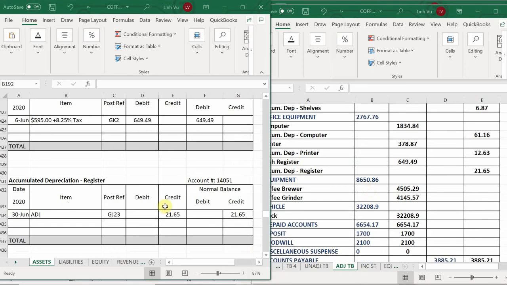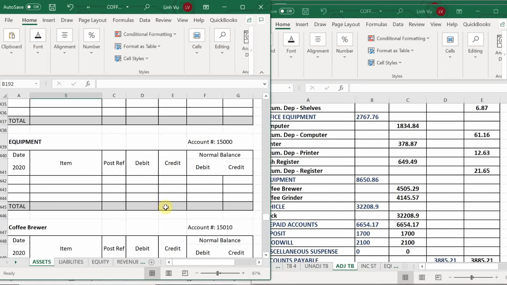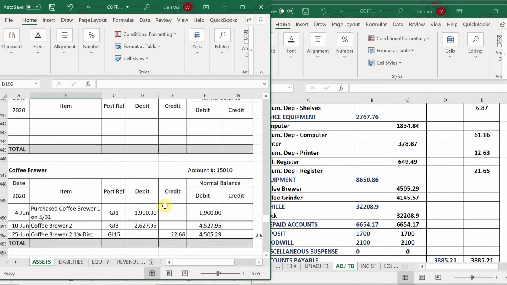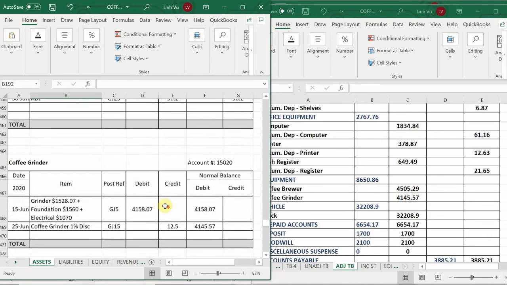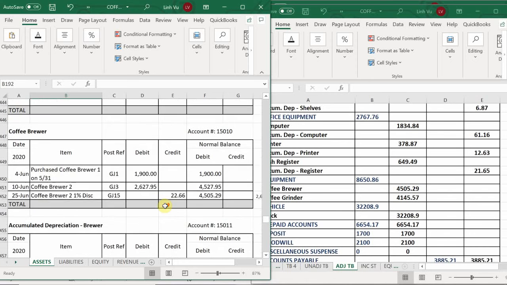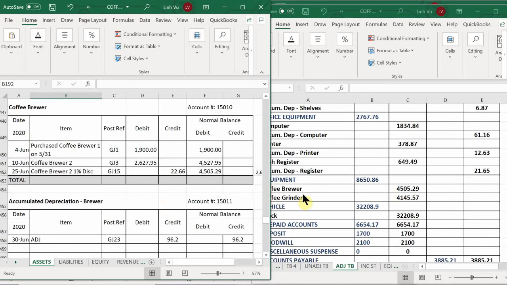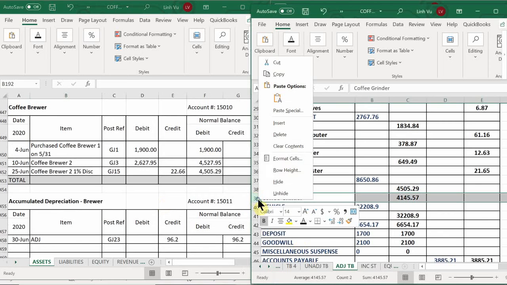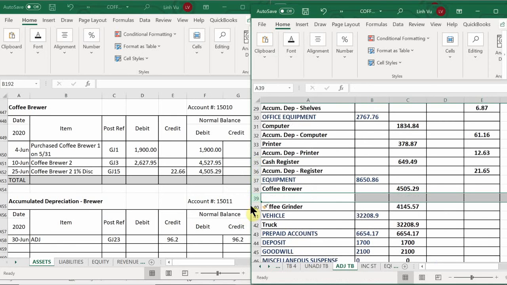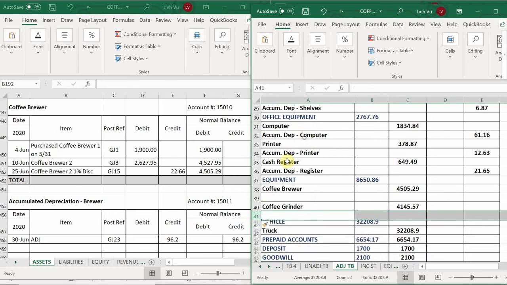Next account we have is equipment. So we have the coffee brewer and coffee grinder. Let's go ahead and put the accumulated depreciation for the coffee brewer and the coffee grinder.